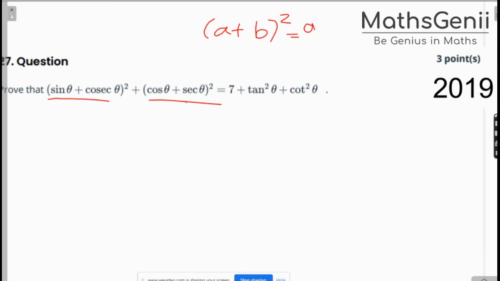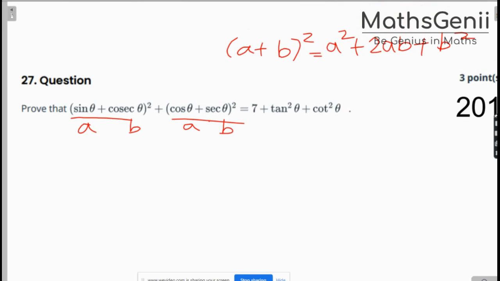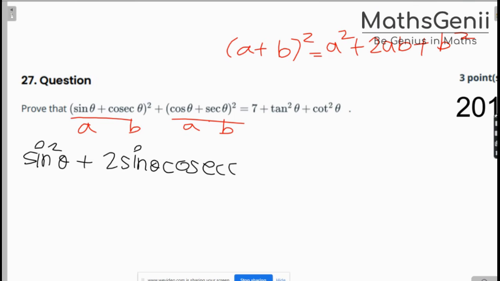A plus b the whole square formula is a square plus 2ab plus b square. Here is a, here's b, here's a, here's b. So quickly I'm going to expand using this formula. A square plus 2ab plus b square.